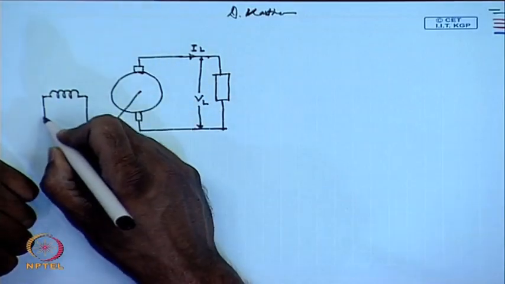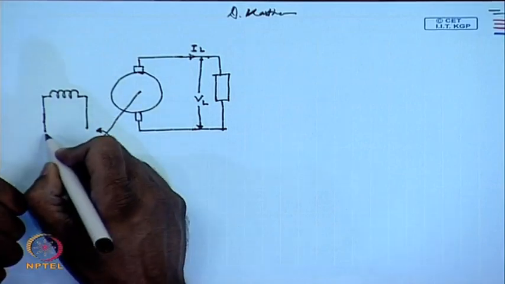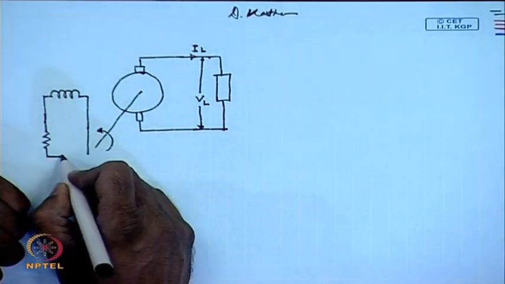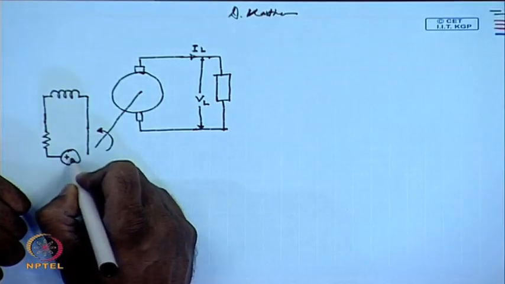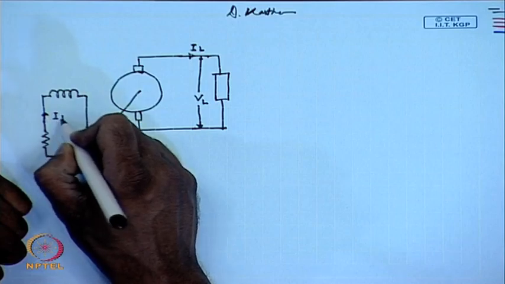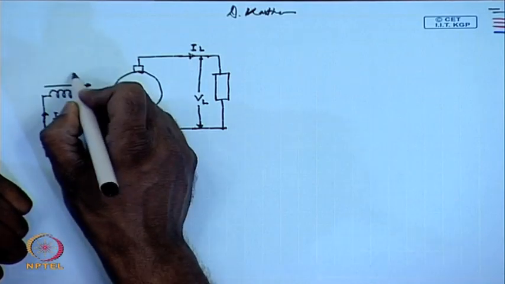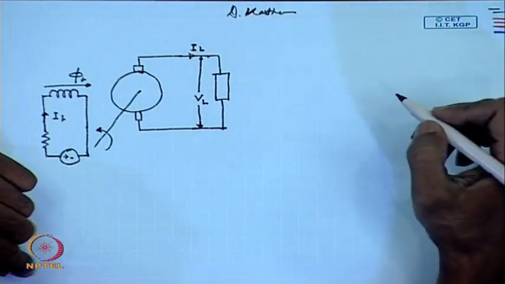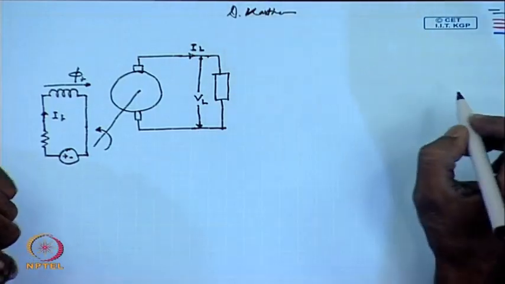The field winding can be excited from a separate DC source, in which case this generator is called a separately excited generator.